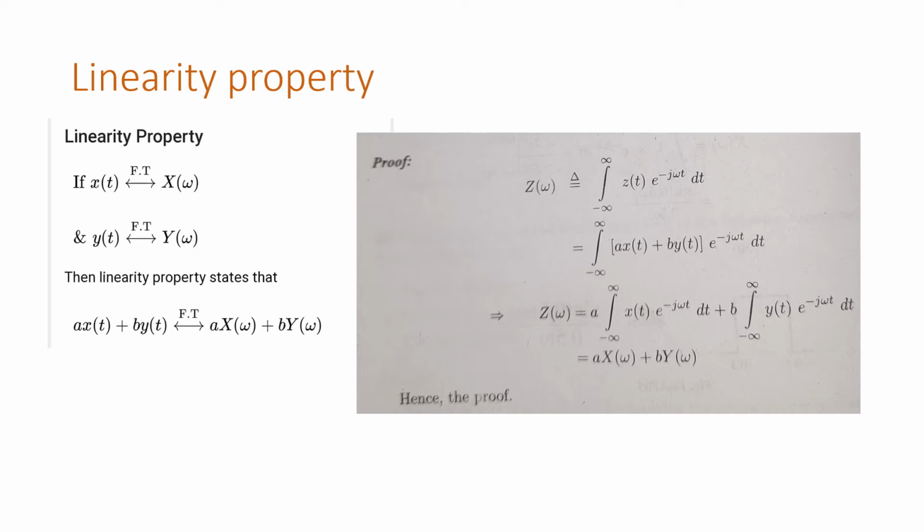Let us consider the first property, linearity property. Consider x of t as the first signal and apply the Fourier transform. We get x of omega as shown here. Consider another signal y of t and apply the Fourier transform. We get y of omega.